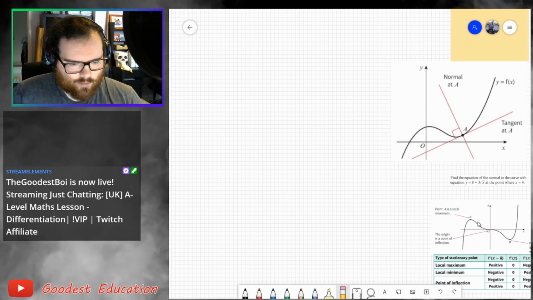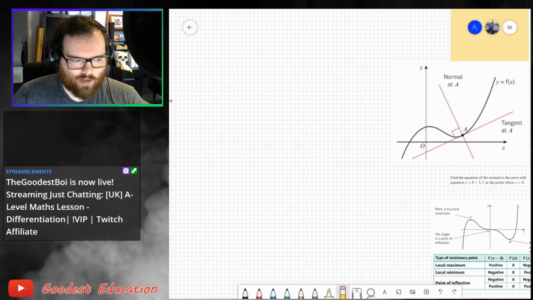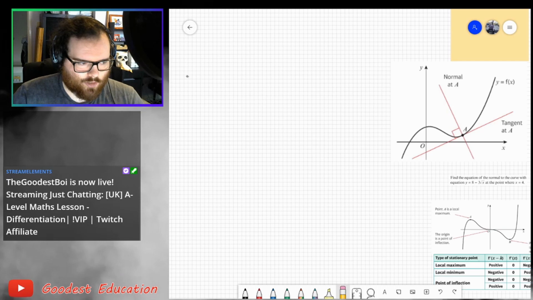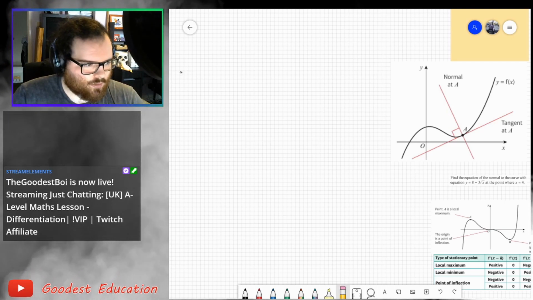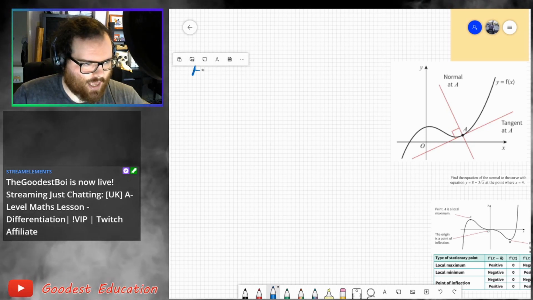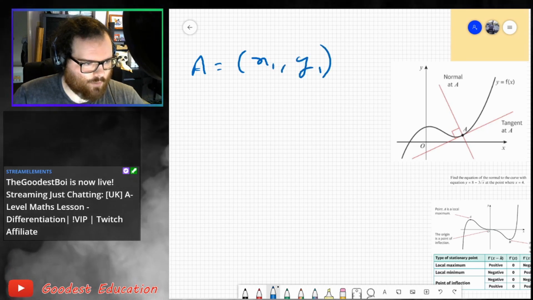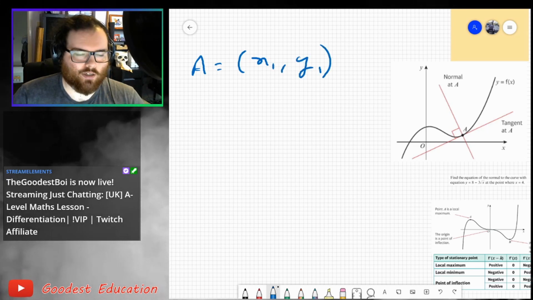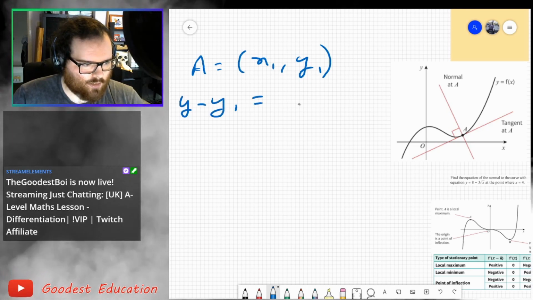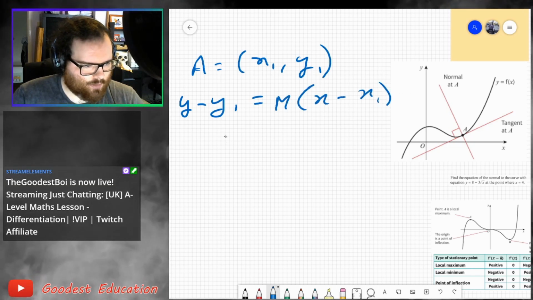So finding the gradient at a is great, because the differential is going to give you the gradient. But what if you want the normal at that point? So the equation of a line is, if you have a point a at x1, y1, a straight line equation that goes through this point is y minus y1 is equal to m, where m is the gradient, x minus x1.